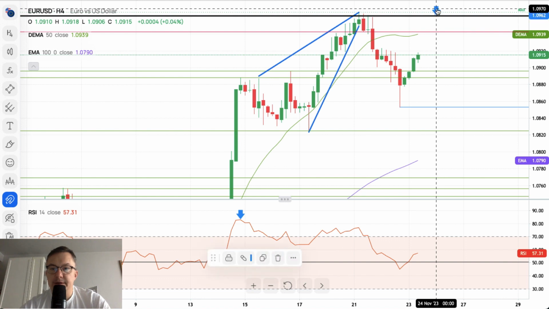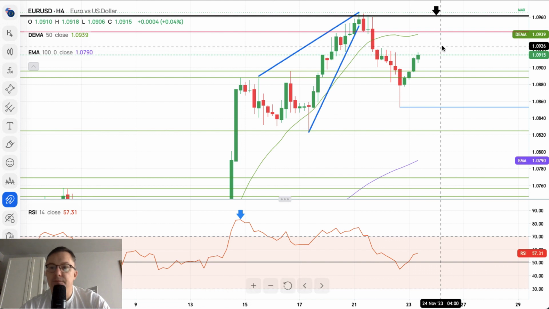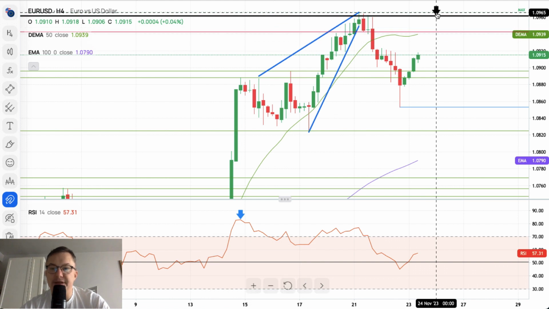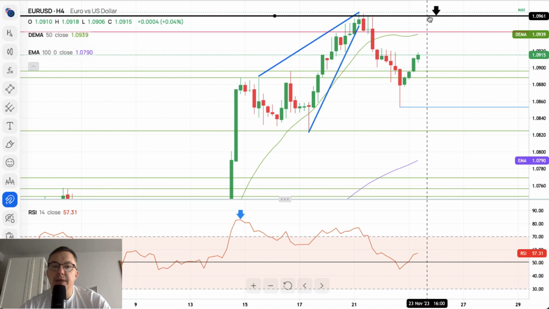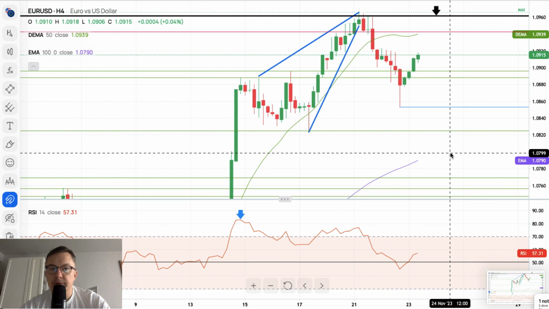This is where the blue arrow is. Now the arrow will be black. Okay, so we don't have any problems identifying the 61% Fibonacci retracement. If the market wants to follow higher, they need to break above this level. They need to move way higher than this level, and then of course the situation will be much more in favor of bulls on the euro dollar.